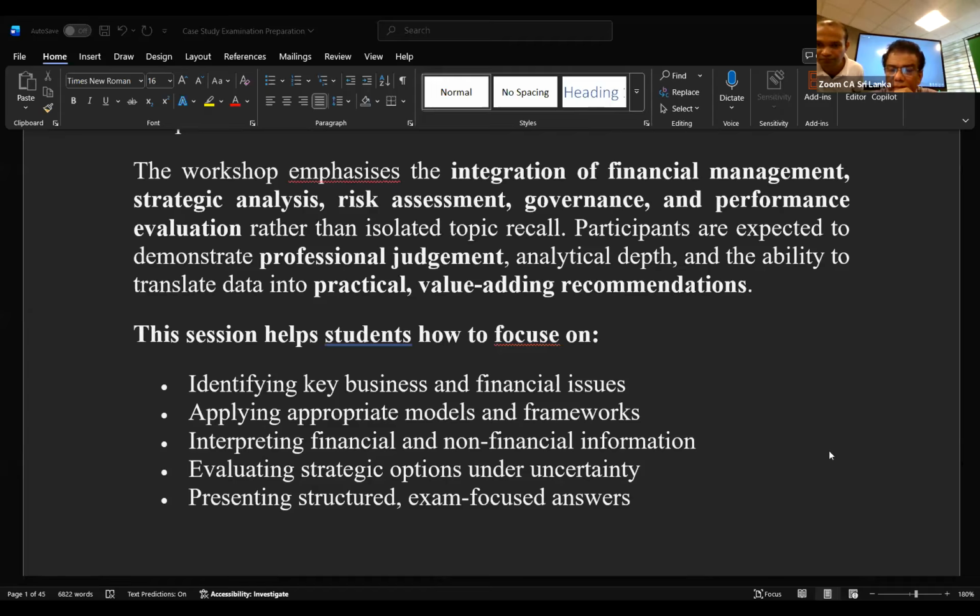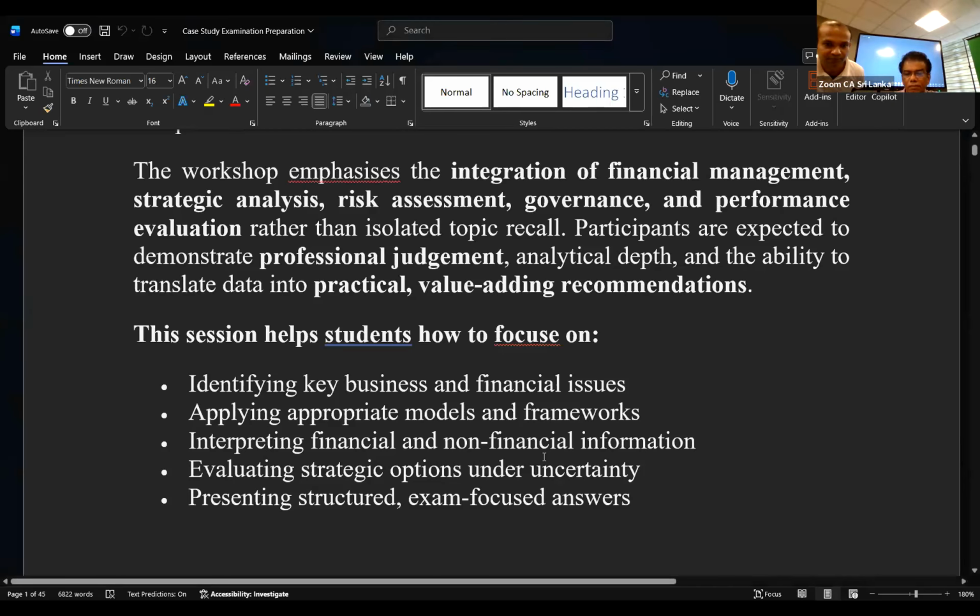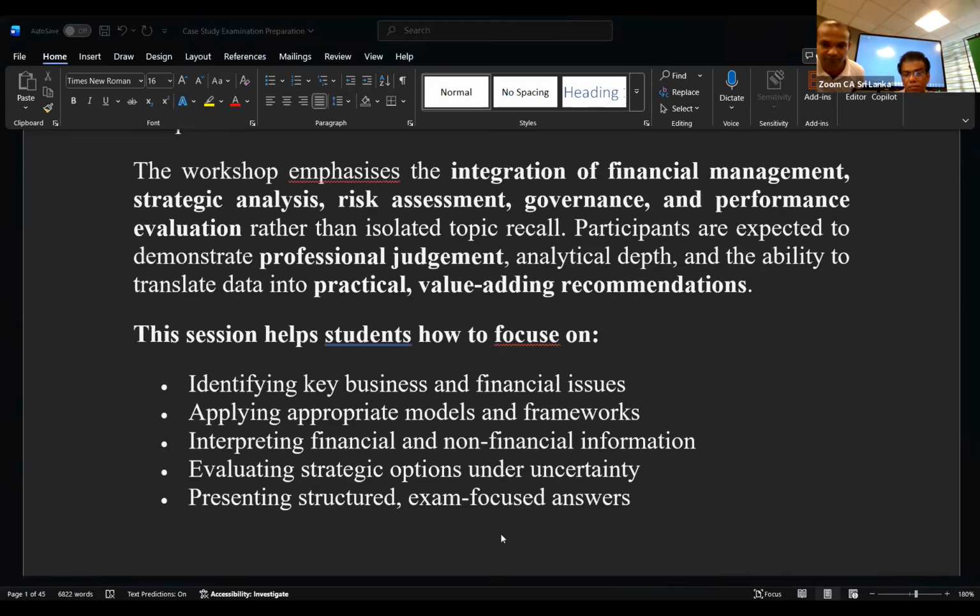Yes, first page okay. This one. Okay, now. First page.